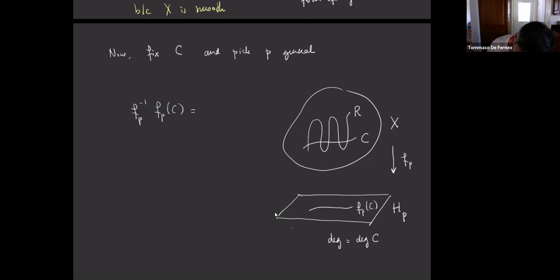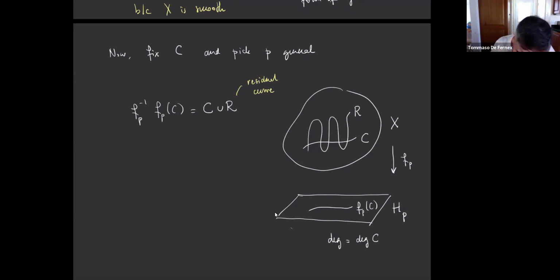So this will be equal to C union R. So this is a residual curve of intersection. Think about you doing this in a projective space, you're taking a cone over the image of C, and this is going to be some surface, and then intersect with X is going to, well, of course, C is going to be in there, but then it's going to be the residual intersection.